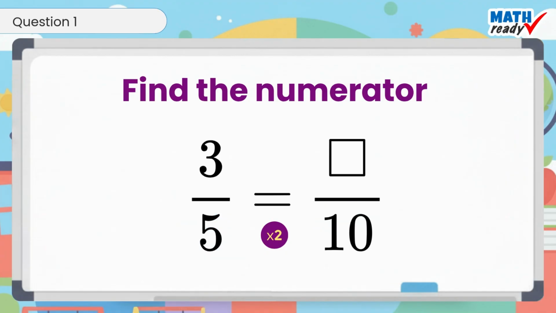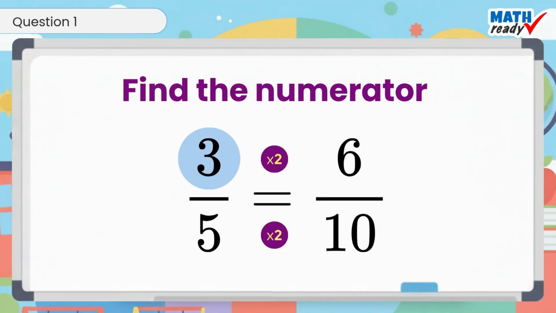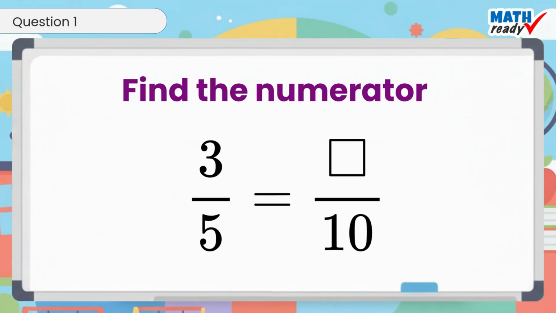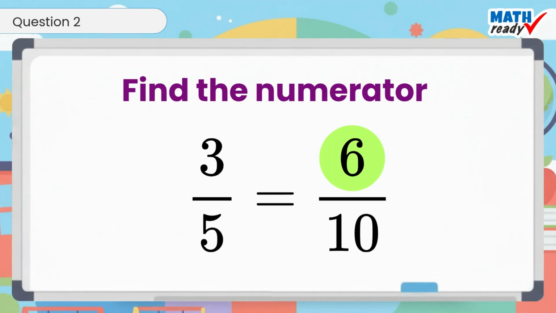For both of our fractions to remain equivalent, we also need to multiply our first numerator by 2. In this case, 3 multiplied by 2 gives us 6, which is our missing numerator. So, 3 over 5 is equivalent to 6 over 10.